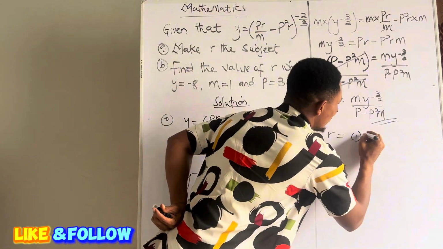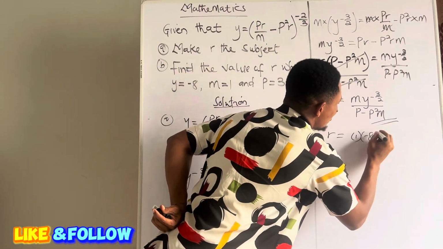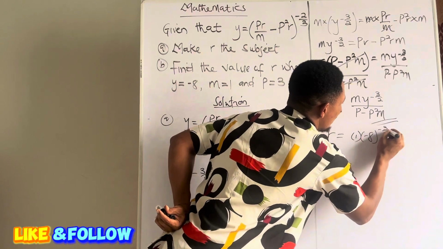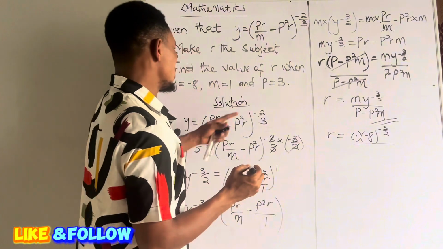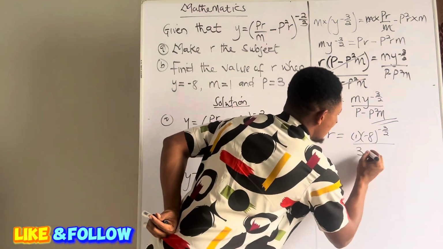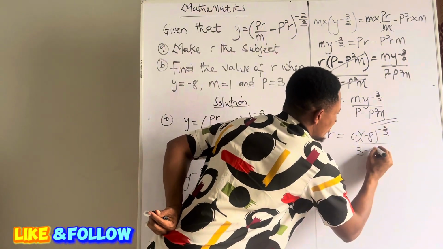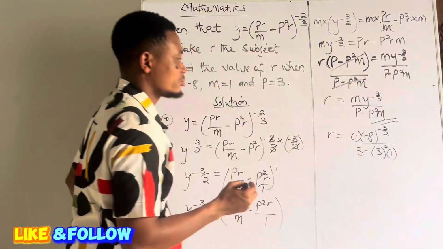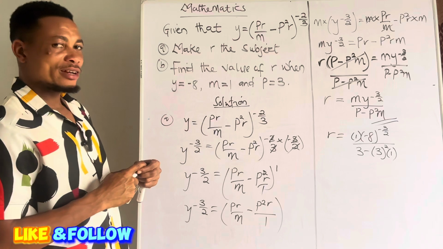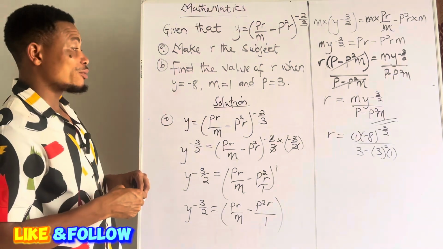So we have negative 8 to the exponent negative 3 over 2 over, p is 3, so we have 3 minus 3 square times 1. It's not difficult.